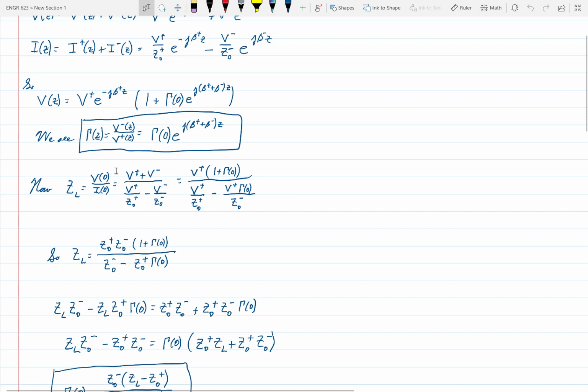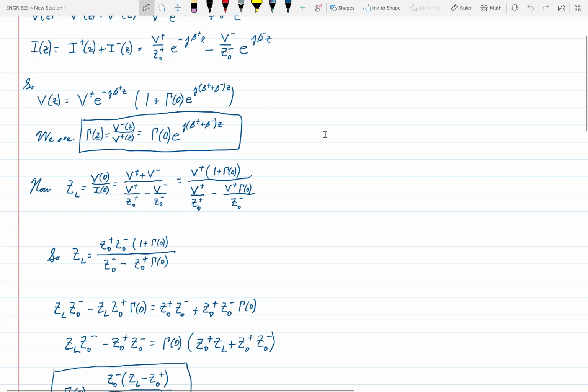Now, to identify gamma of 0, remember that gamma of 0 is V minus over V plus, but to get some more information about that and be able to actually solve for it, we can begin by noting that the load impedance ZL is V of 0 divided by I of 0.